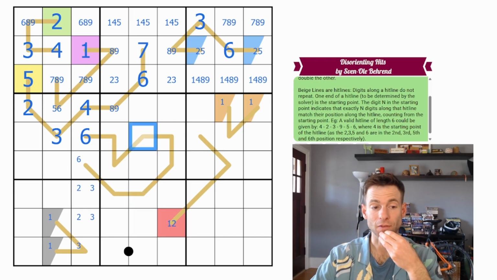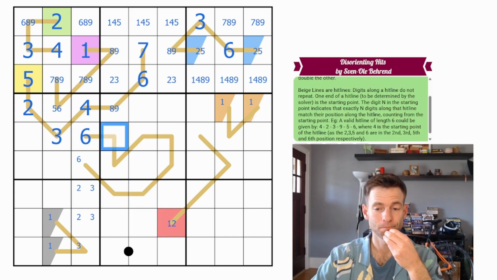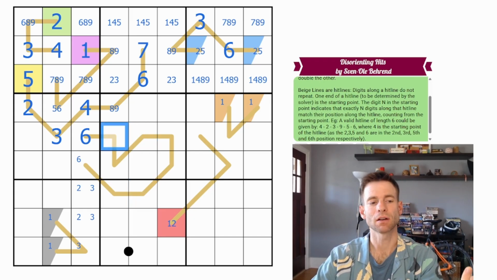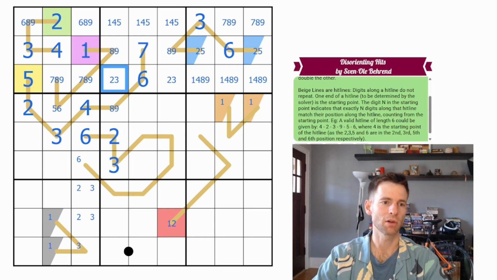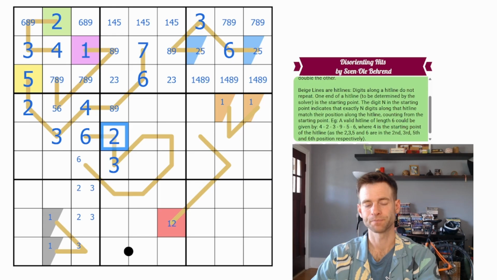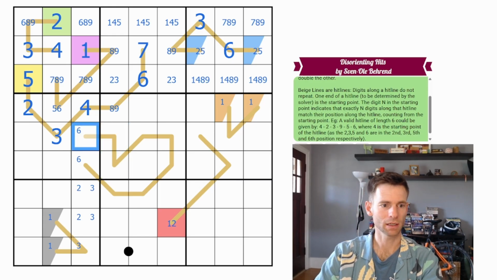So everything else would have to fit. Three of the 9 cells are not fitting, so you need the other 6 to fit. So this would have to be a 2, 3, and that breaks this. So let's just go back. So that can't be a 6.